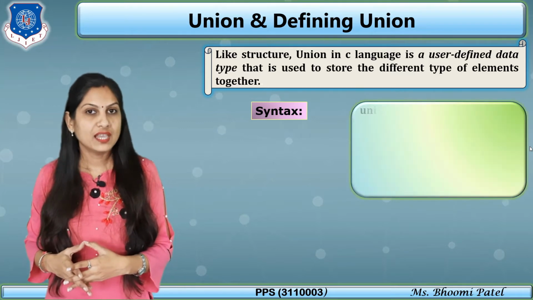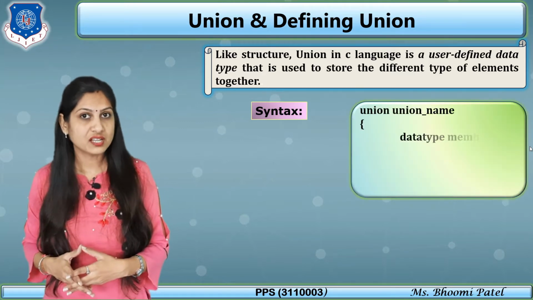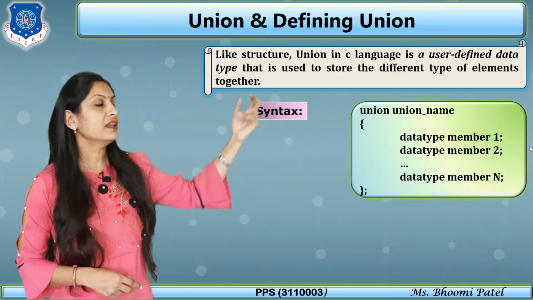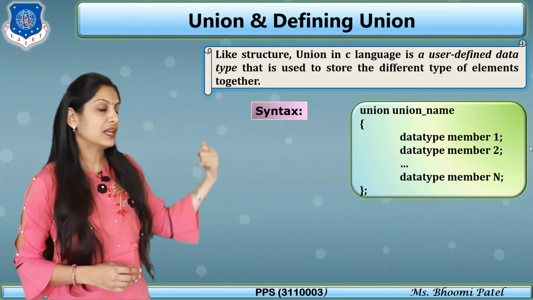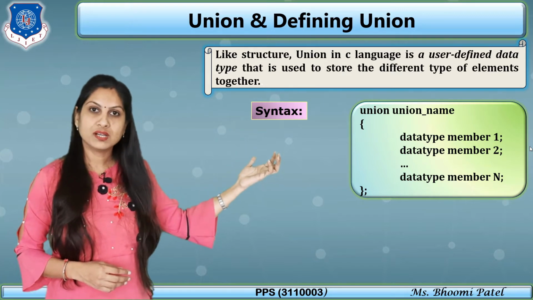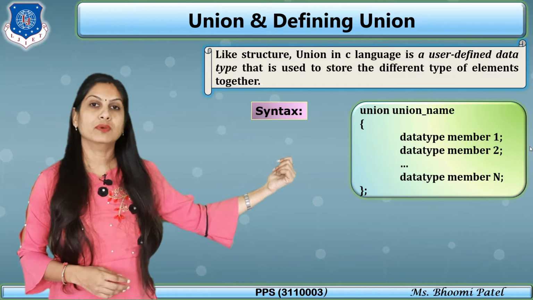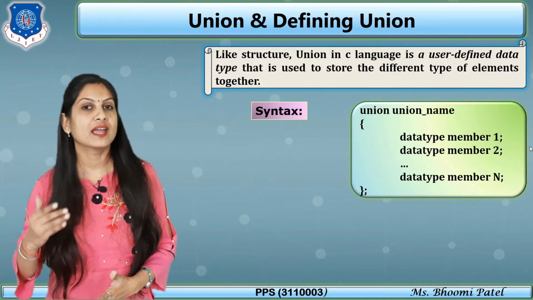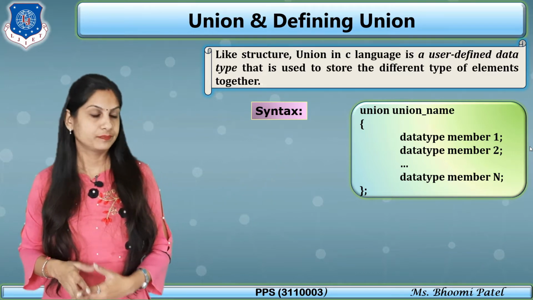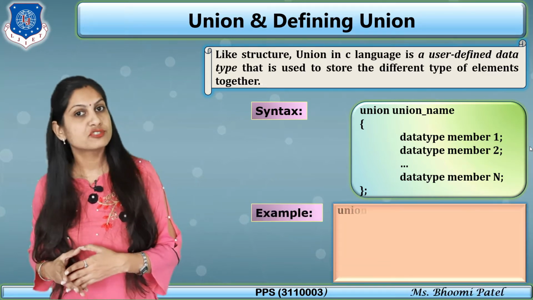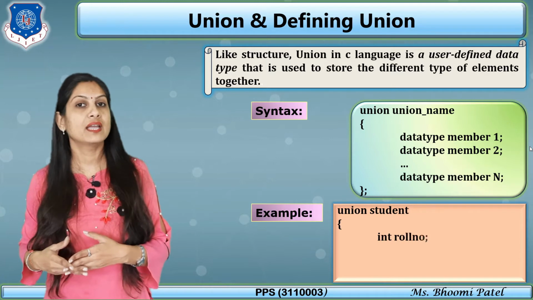Now see the syntax. The only difference is, instead of struct, you have to use the keyword union and then the union name. Inside curly brackets you write the same members: data type member 1, data type member 2, data type member n. You can write any number of members. Let's see the example for a student having roll number, name and address.